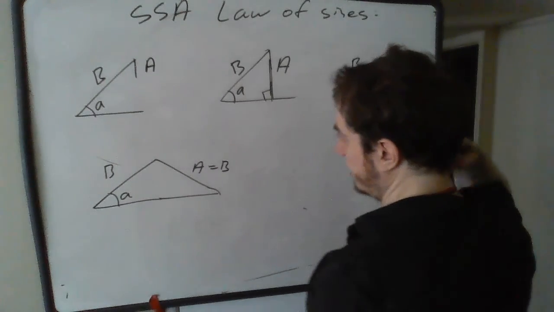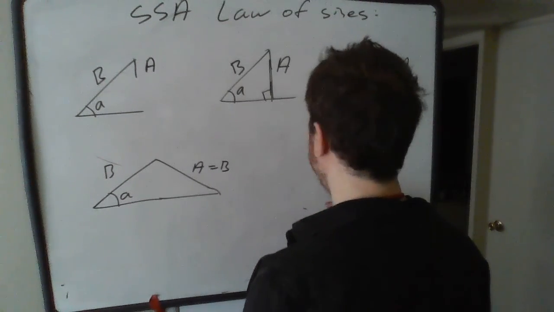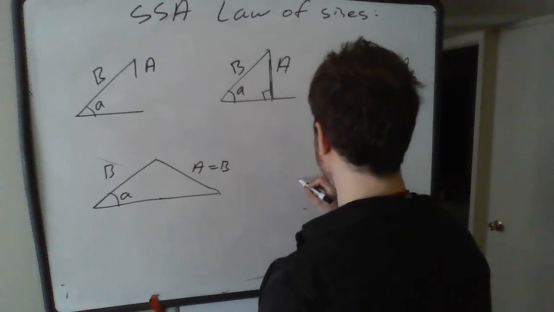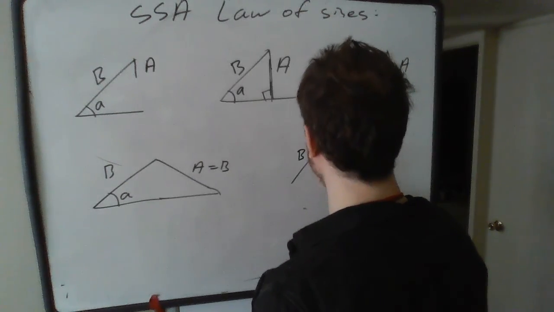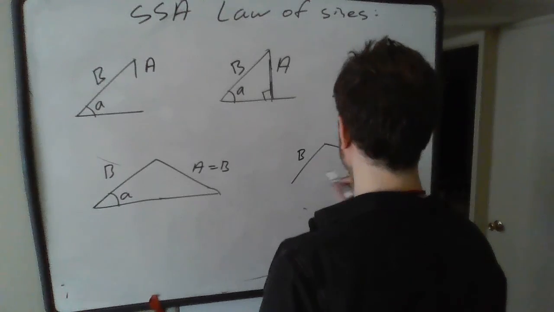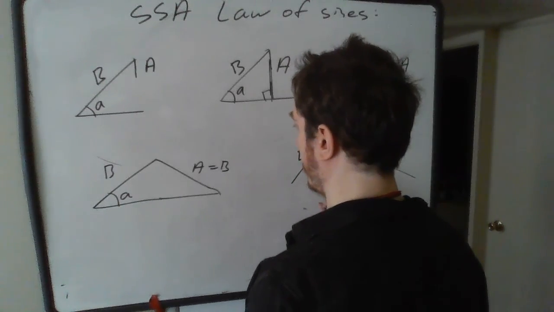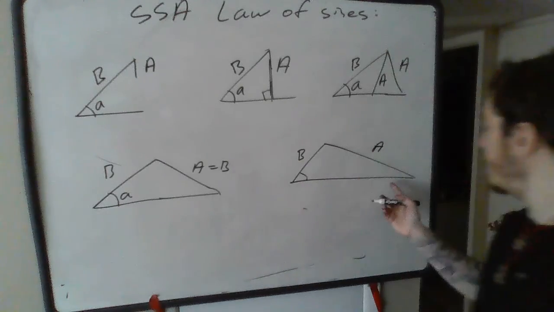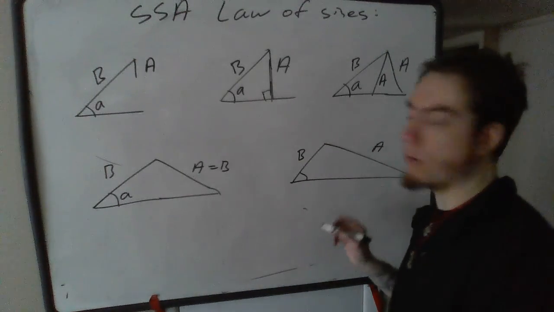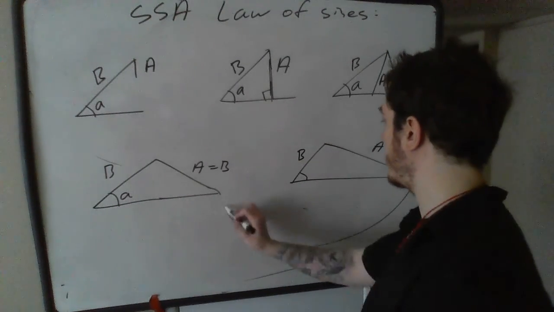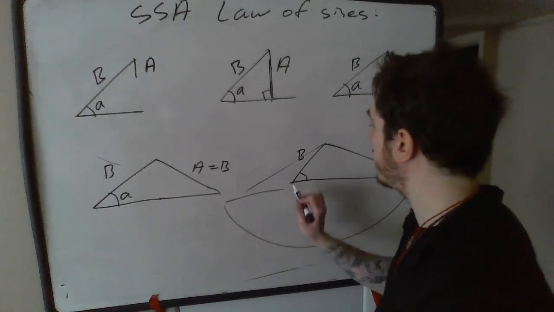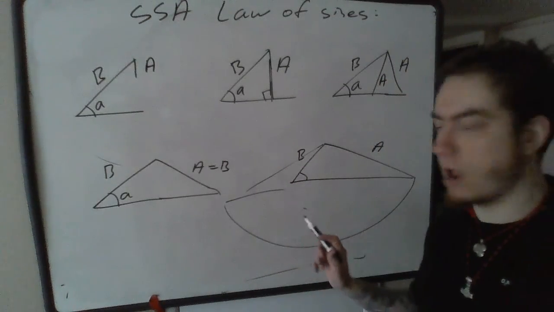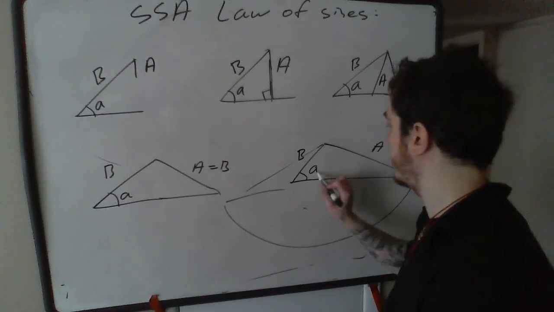The final possibility is going to be that A is bigger than B, and in that case, the only possibility is going to be this big triangle over here. The other possibility would swing us around, and we would get a triangle on the left-hand side, which would be a totally new, different triangle, and so it's not one that we are interested in.